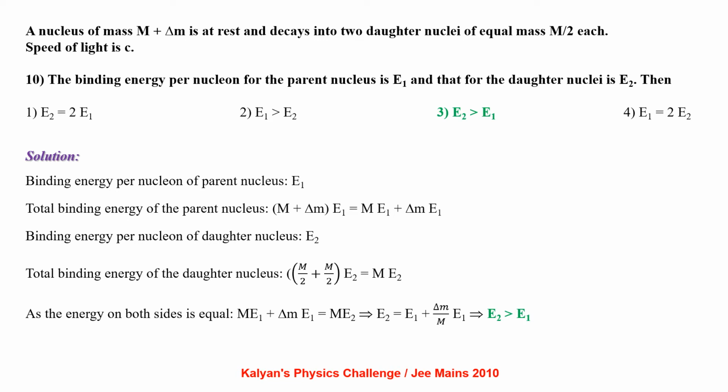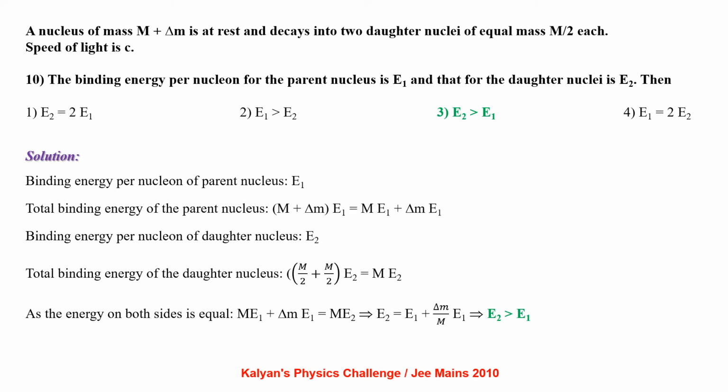The binding energy per nucleon for the parent nucleus is E1 and that of the daughter nucleus is E2. Then binding energy per nucleon of parent nucleus is E1. So the total binding energy will be mass number into binding energy per nucleon, that comes out to be M plus delta m of E1, that is ME1 plus delta m E1.